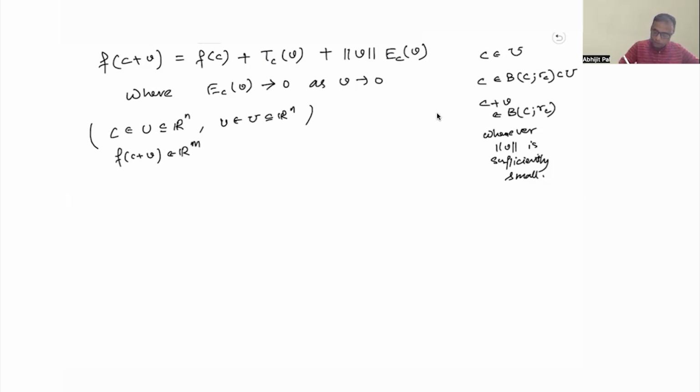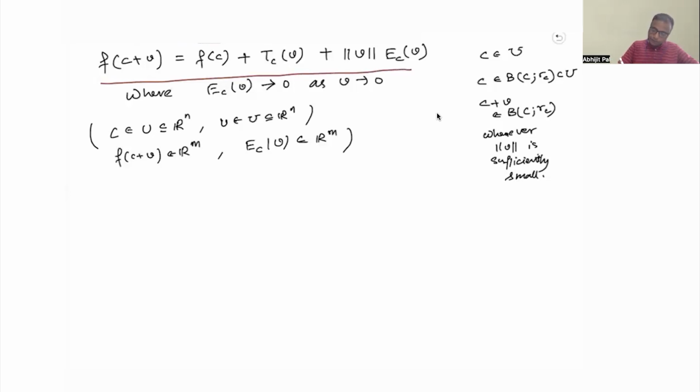And so this error term E(c, b) belongs to your Rm. All right, so I have given the definition of differentiability of f if this equation is satisfied.